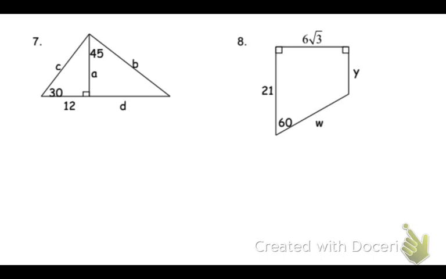So, in number 8, what shape do we have? It's not a triangle. Hopefully we can at least recognize that. Has 4 sides, and then 2 of them are parallel. It doesn't have the parallel markings, but it does have the 2 right angle markings.